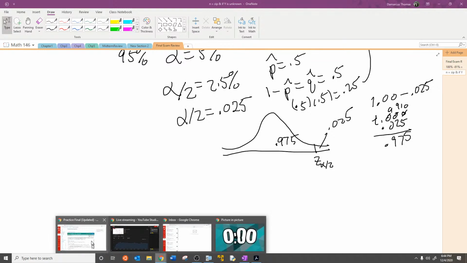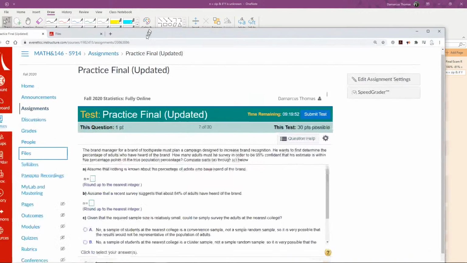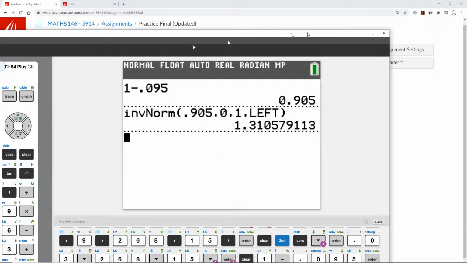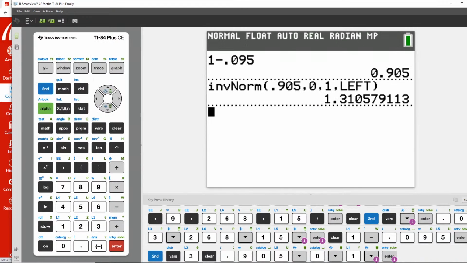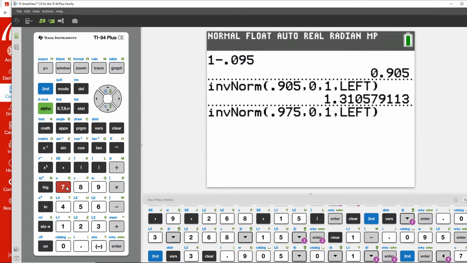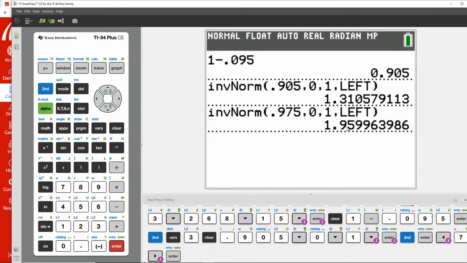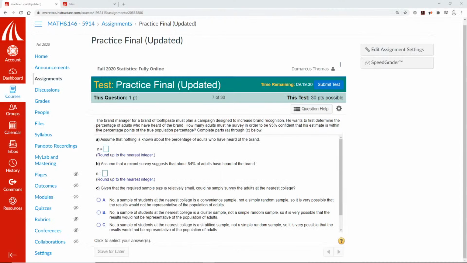So we can calculate that out pretty quickly if you have your table handy. If you don't have your table handy, well, just use your calculator and just go to inverse norm. And we're going to put in 0.975. And it's going to be 1.96. Use 1.96.